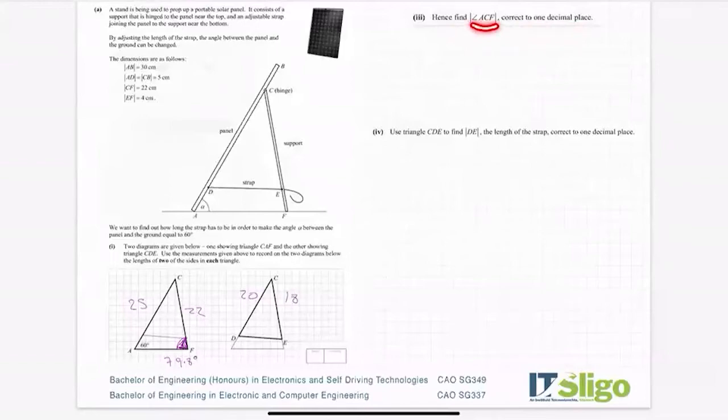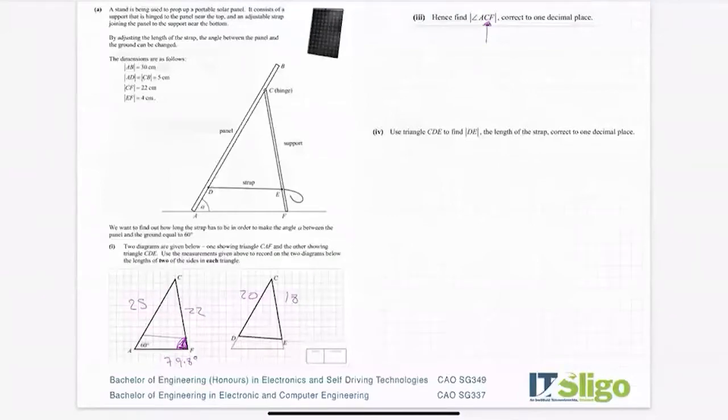So make sure you can read the maths language here. What angle are they looking at? Well, it's always the letter in the middle. So it's angle C in this case. Where do I get that from? Well, this is ACF, so you can see that the angle at C, no pun intended, up here is the one that they're talking about. So it's the letter in the middle. So how do we do that?